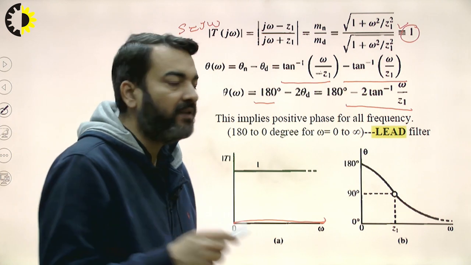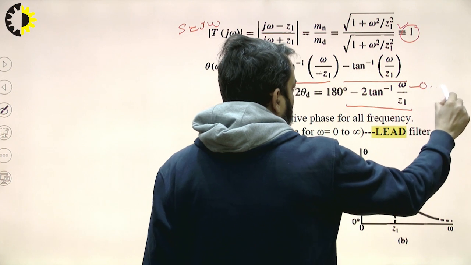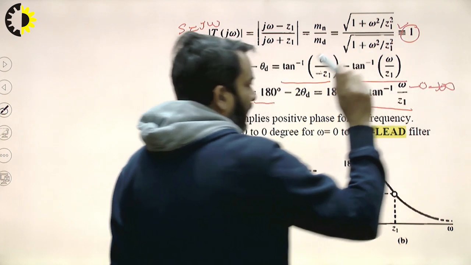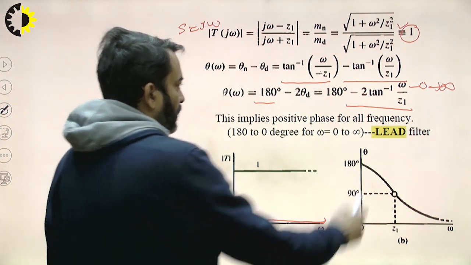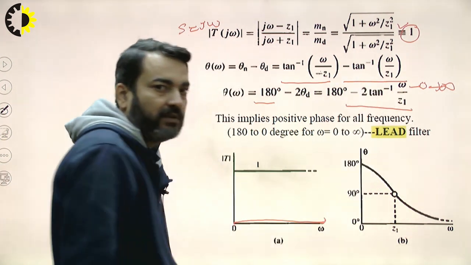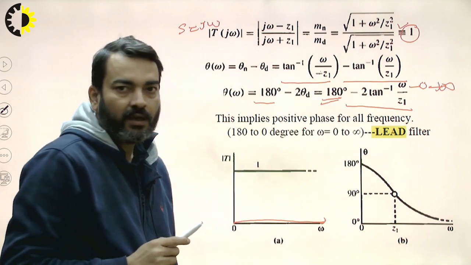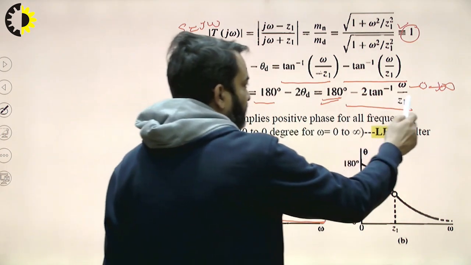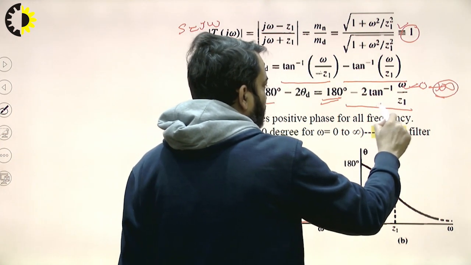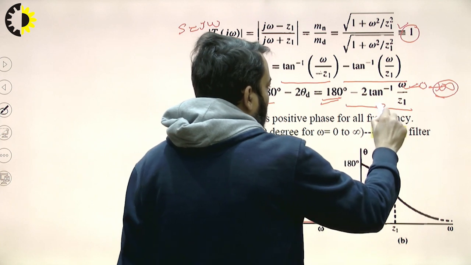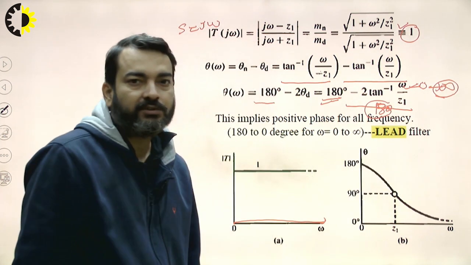Now if we vary the frequency omega from 0 to infinity, at omega equal to 0, tan inverse 0 will be 0. So the angle will be 180. And for tan inverse omega by Z1 at infinite frequency, it will be 90, so 180 minus 180 will be 0.